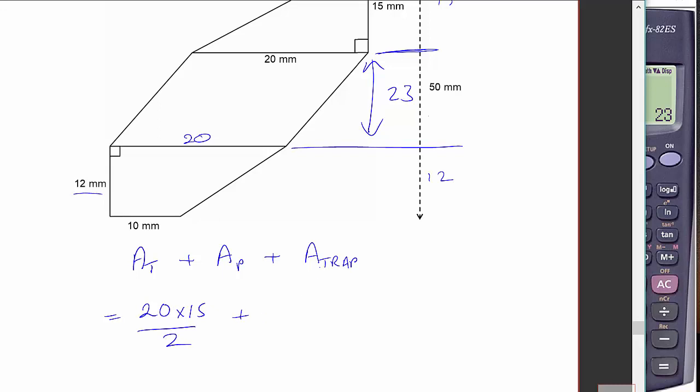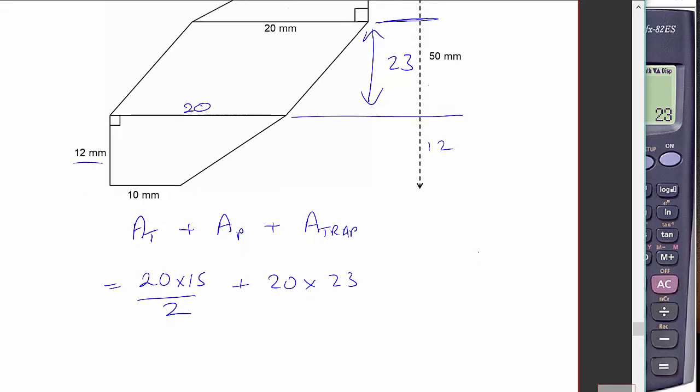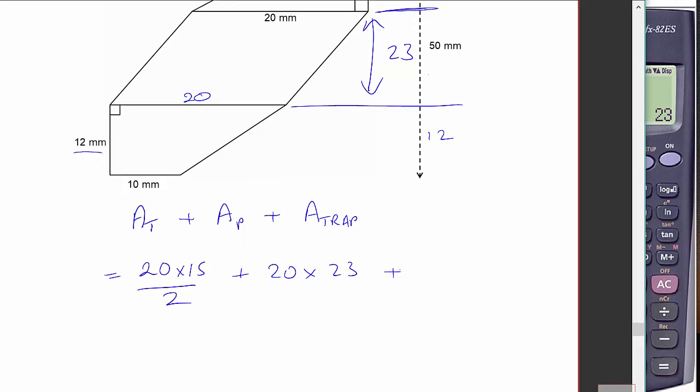For the parallelogram, it's just base times height, so that's 20 times 23. And for the trapezium, we add the parallel sides, which is the 20 and the 10. We multiply that by the distance between them, which is the 12, and we divide by 2.